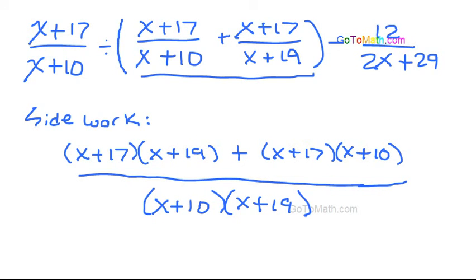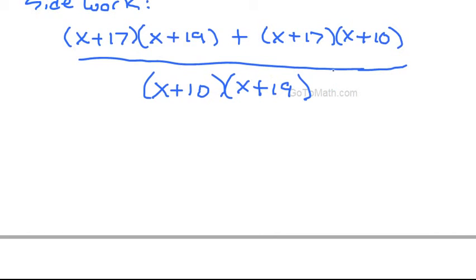And I do see something. I hate to have to get on a sidetrack on this, but you notice we have an x plus 17 here and one here. And that means that we can factor out this x plus 17, and this will actually help us rather than having to multiply all this stuff together. And I'll show you that here in just a second.